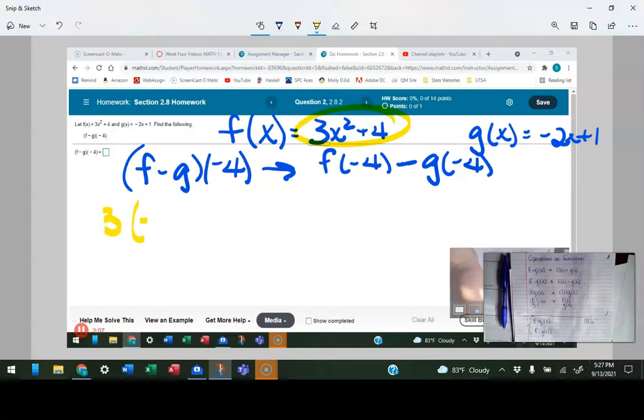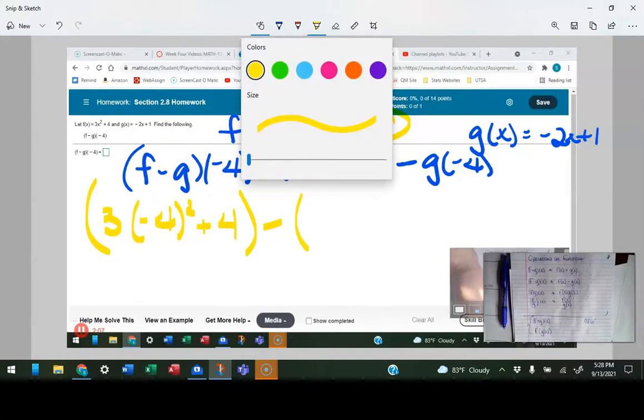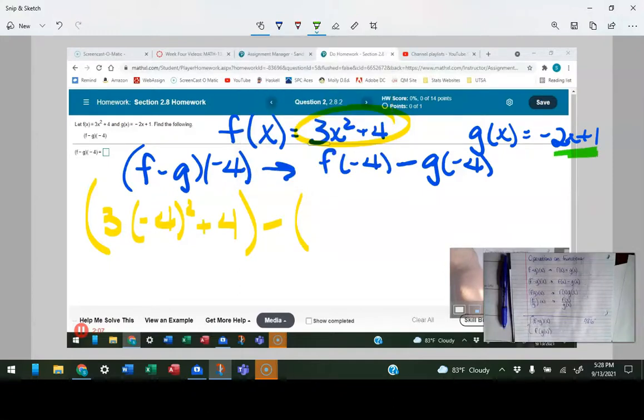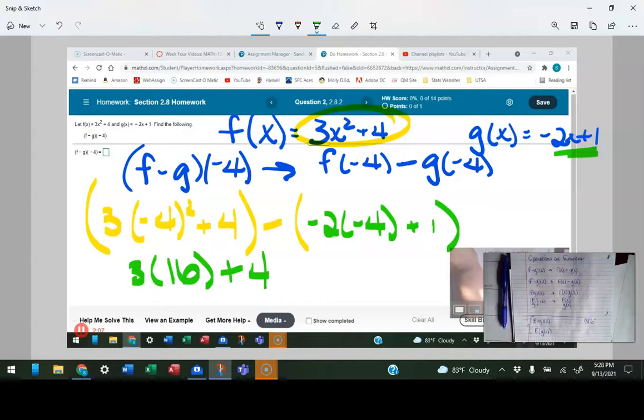So I'm going to substitute in a negative 4 into here. So I get 3 times negative 4 squared plus 4. And then I'm going to subtract. I'm going to shove, let's use a different color, I'm going to shove negative 4 in here. So negative 2 times negative 4 plus 1. Okay, so let's do this math. Negative 4 squared is 16. So I get 3 times 16 plus 4 minus 8 plus 1.